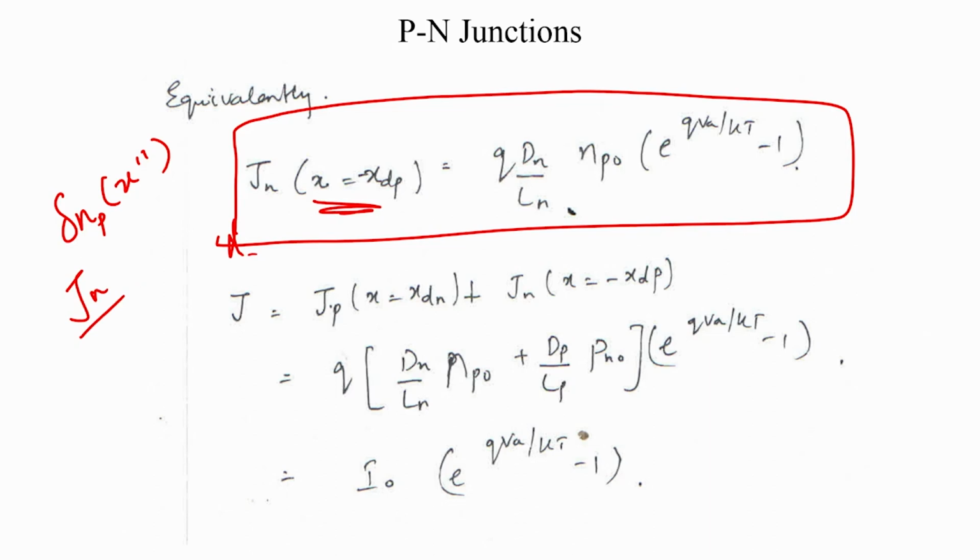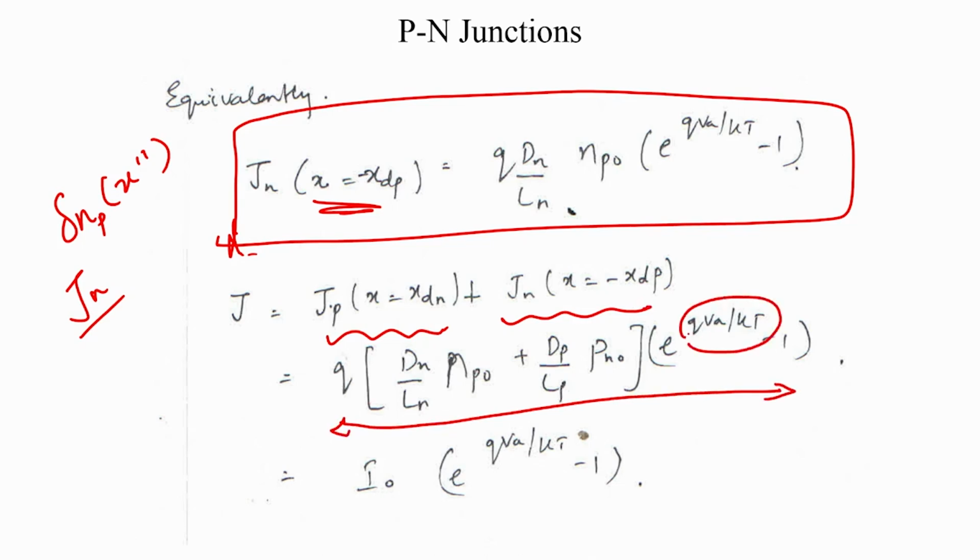And therefore, the total current in the p-n junction is the summation of the diffusion current due to the electrons and the current due to the holes, and that turns out to be this expression here, which has got an exponential dependence on the applied voltage.